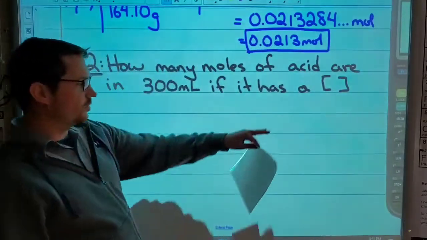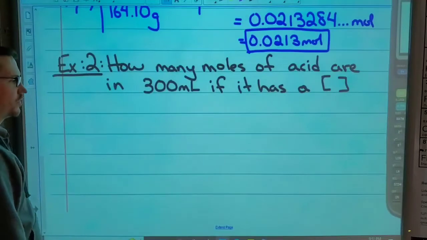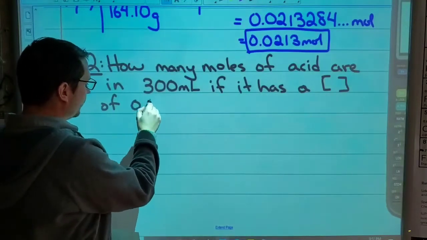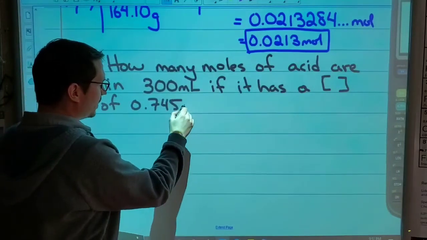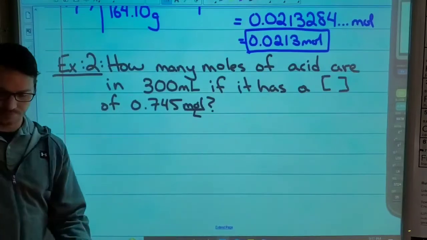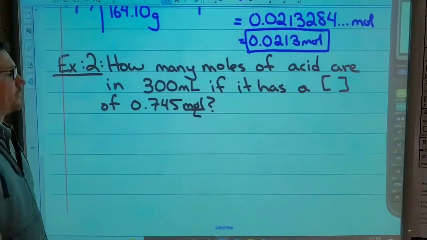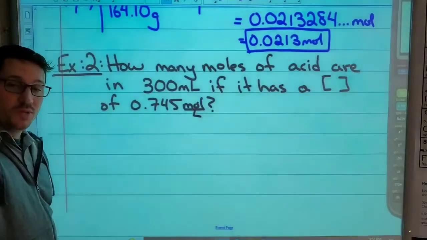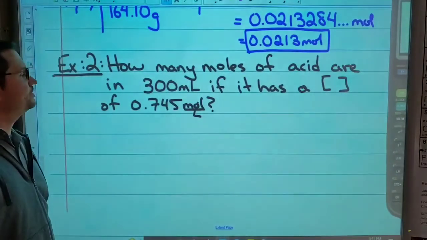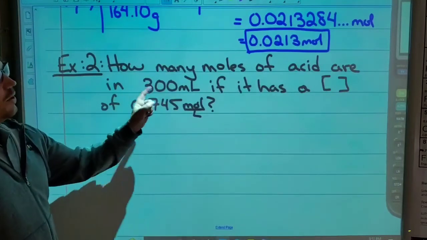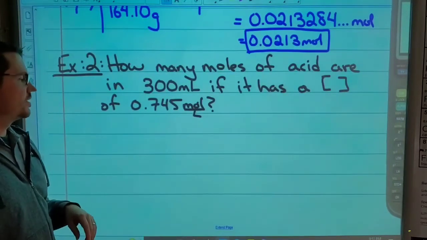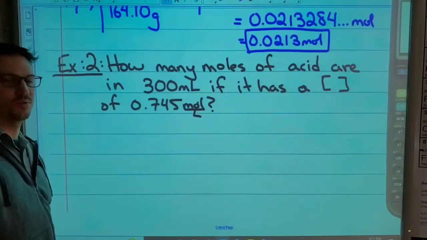So hopefully you remember square brackets means concentration of 0.745 moles per liter. I'll give you a second to write that down. Feel free to pause the video if you need to. How many moles of acid are in 300 milliliters if it has a concentration of 0.745 moles per liter?